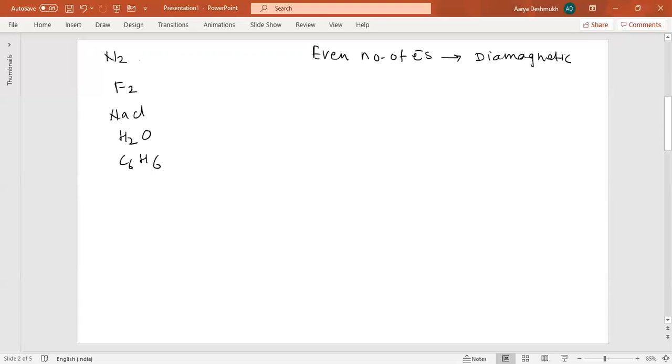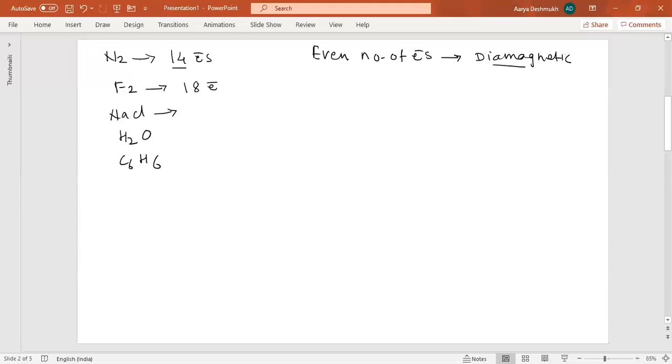Now look at N2. The atomic number of nitrogen is 7, so 7 plus 7, 14 electrons are there. This is an even number, so it is diamagnetic in nature. F2, atomic number is 9, 9 plus 9, 18 electrons, so it is diamagnetic.